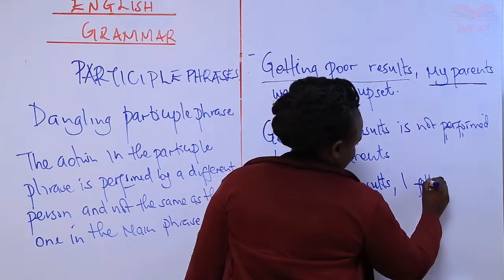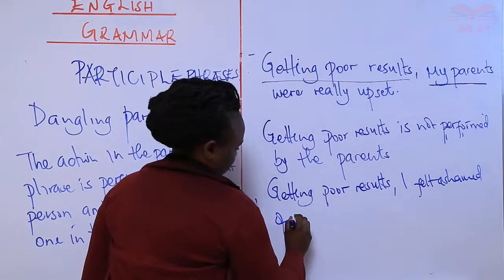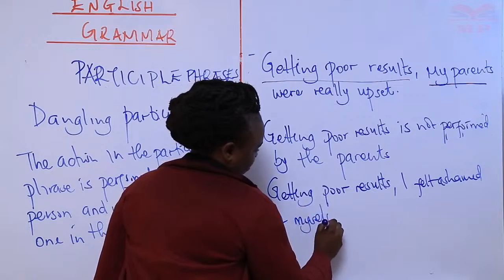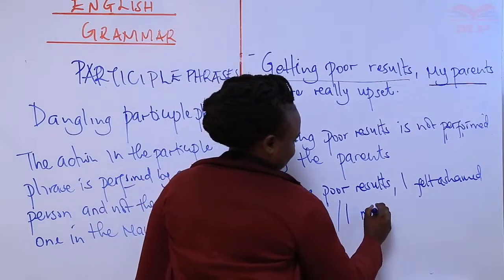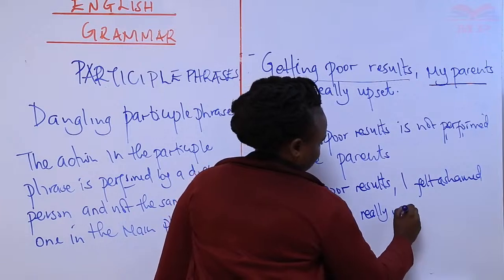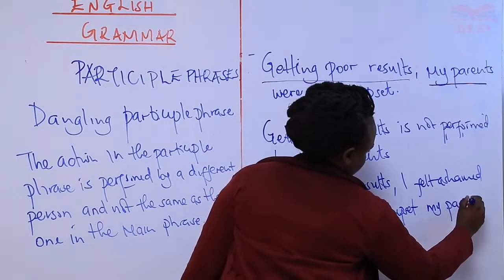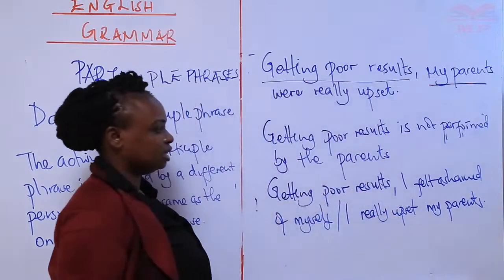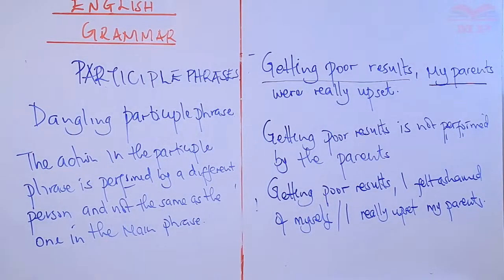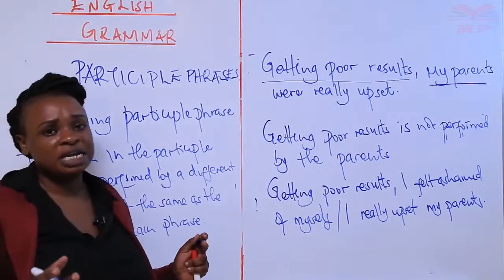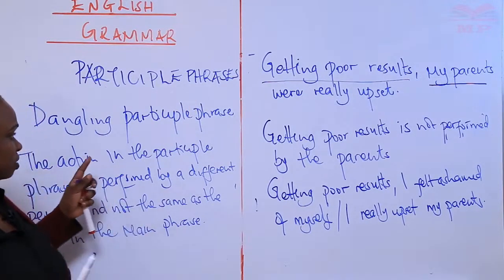I felt ashamed of myself. Or, for example, I really upset my parents. Okay, so be careful. When you're combining two sentences, when you've been given an exercise where you're combining the two sentences, the two actions must refer to the same person to avoid what?